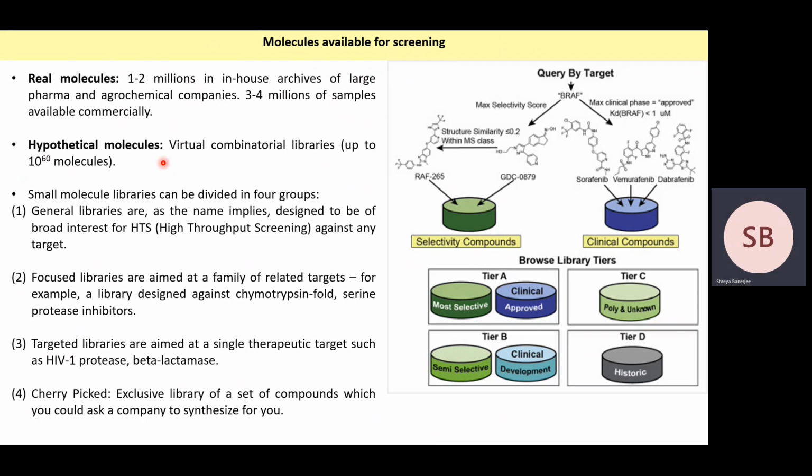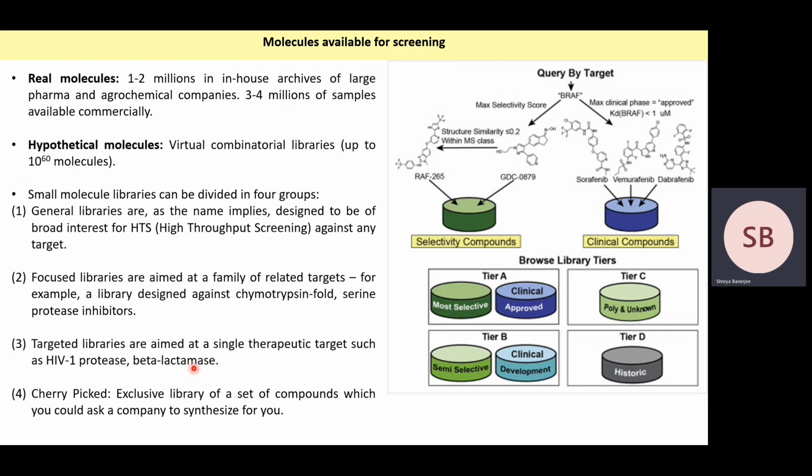Now these small molecule libraries can be divided into 4 groups. Firstly, general libraries are designed to be of broad interest for high throughput screening against any target. Then there are focused libraries which are aimed at a particular family of related targets. For example, a library designed against the chymotrypsin fold or against serine protease inhibitors.